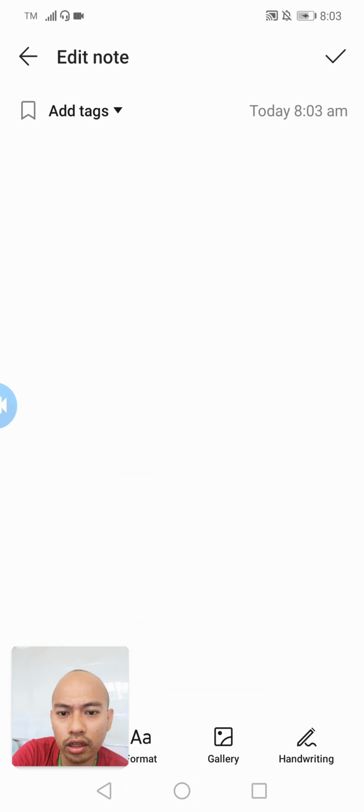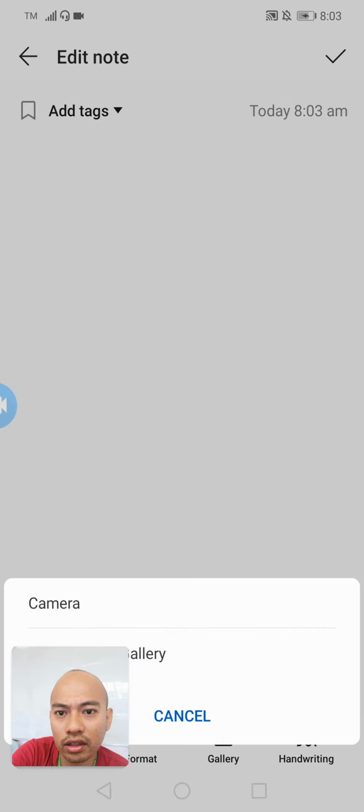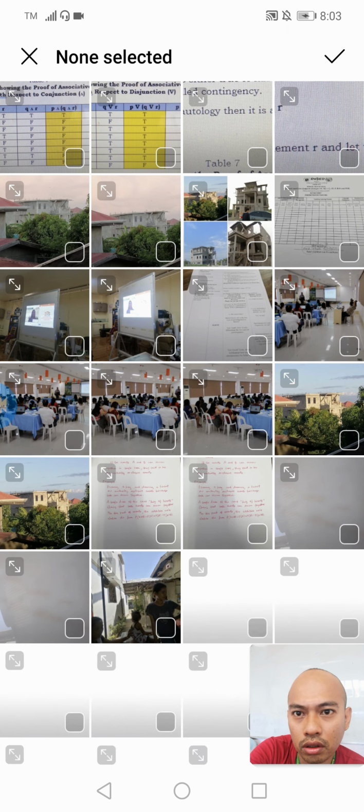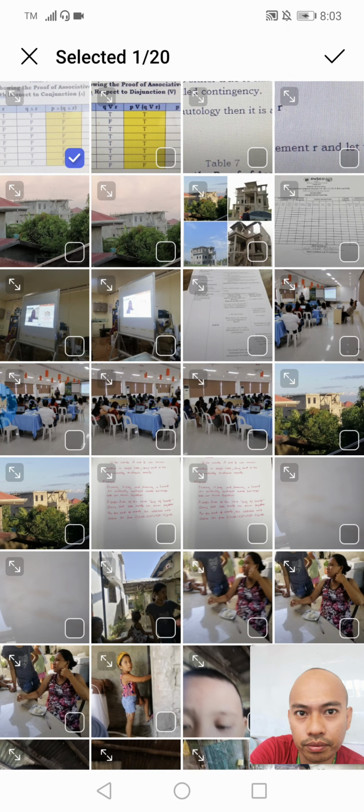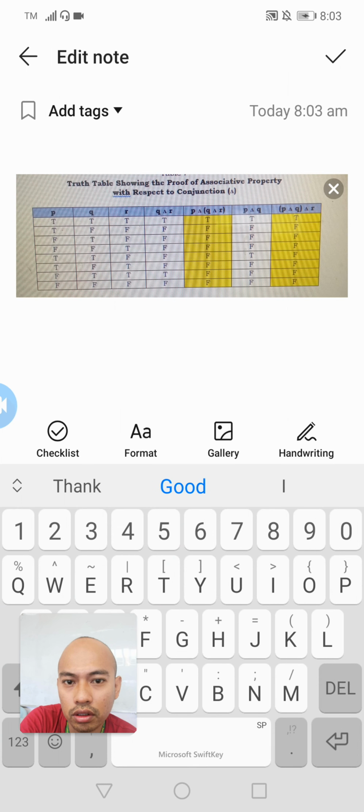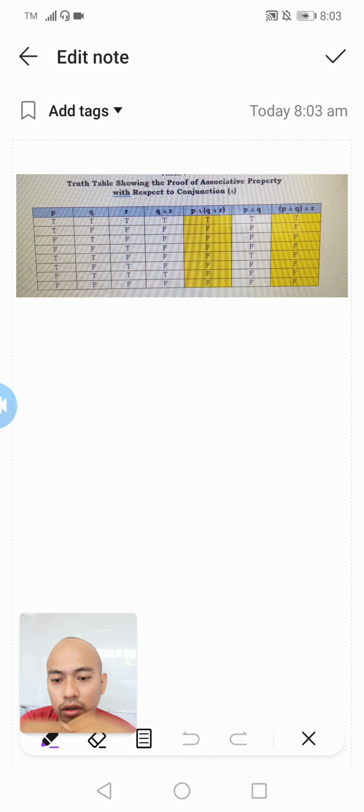So I would just like to have another picture for that, so that we will concentrate more on the conjunction operation. Okay, so this will be the table for the truth values, the truth table of the second case with respect to conjunction under associative property.